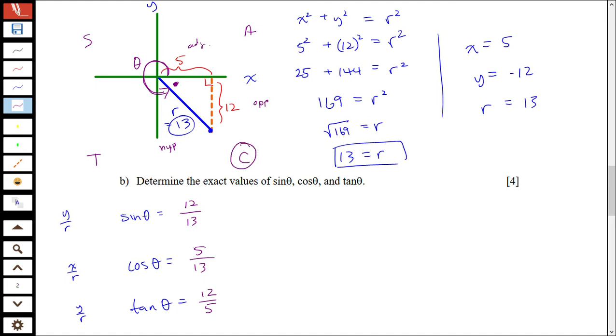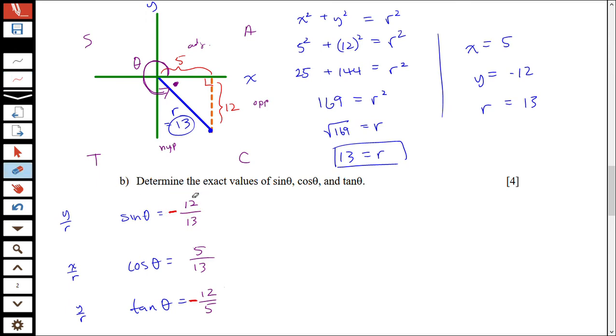So this means all the cosine ratios are going to be positive, but everything else is going to be negative. So this one should stay as positive, but whatever is not cosine, so our sine and tan thetas, they should have a negative attached. So you'll notice that everything that we're attaching a negative to, they're actually the ones with the 12s. So that's why if you use negative, going to delete that.